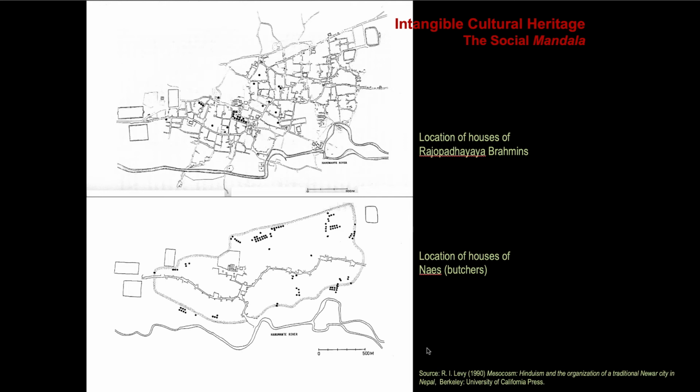People who are of lower caste tend to live in the periphery of the town, outside of that sacred boundary. So this is also called the social mandala: how the location of different territories and different groups of people are determined by the social hierarchy of the place.